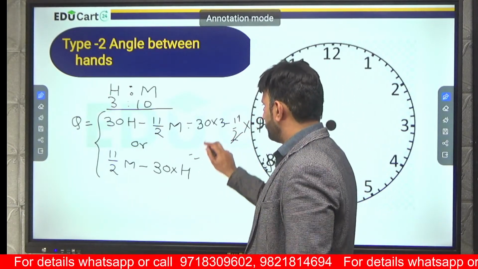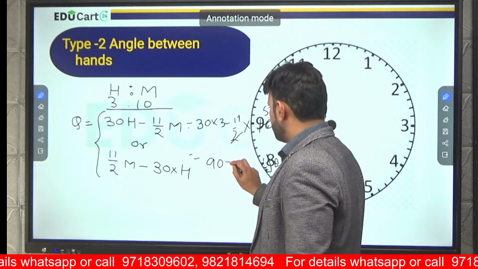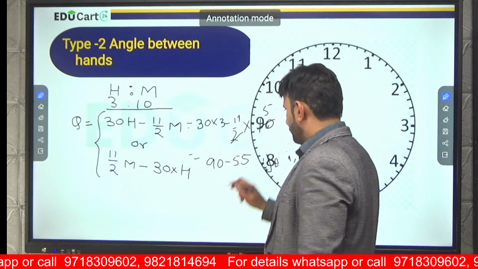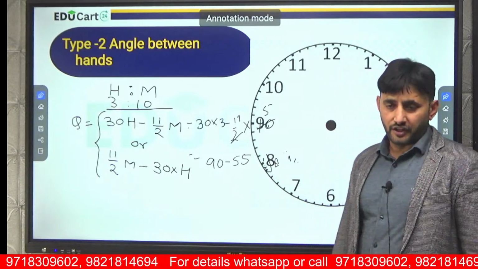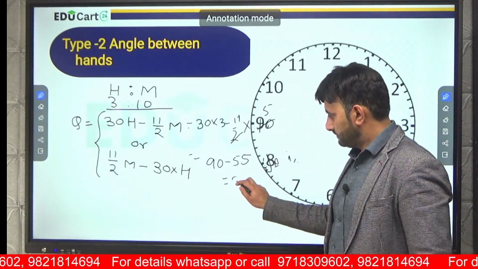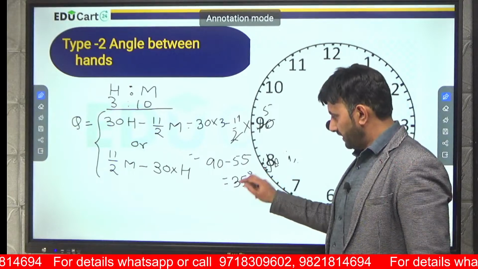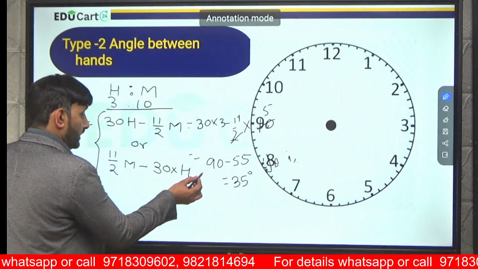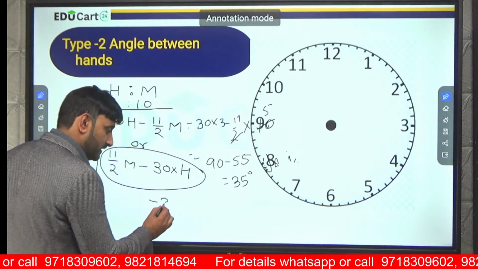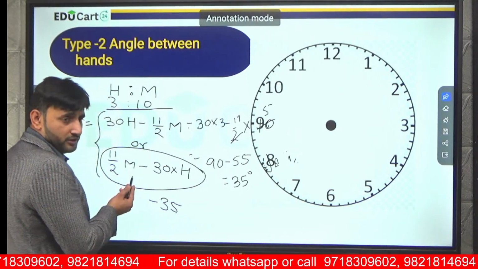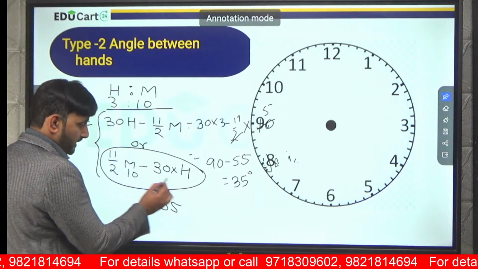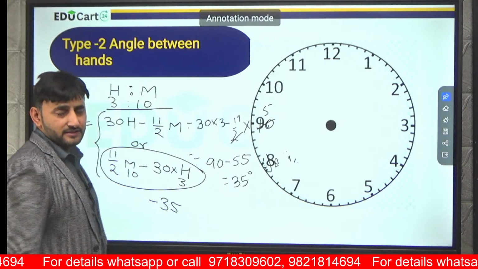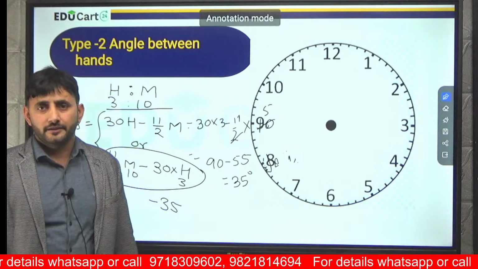This is 90 minus 55. What will be the answer? 35 degree. But if you use the other formula, you will get minus 35 degree. This is the only difference. Got it, my dear?